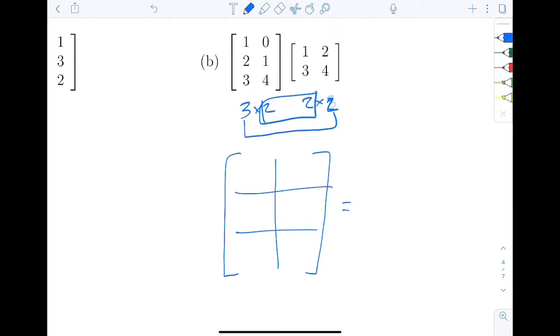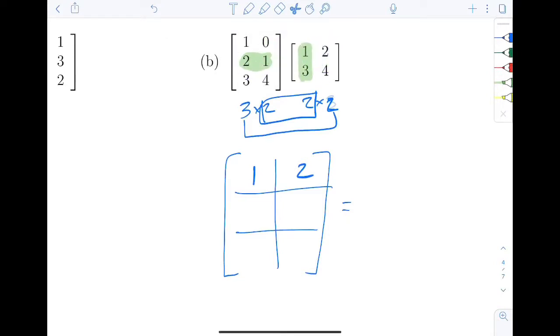Okay, in the first row, first column, that's going to be 1 times 1 plus 0 times 3. We can just go ahead and say that that's 1. In the first row, second column, I have 1 times 2 plus 0 times 4. Well, that's 2. That's pretty straightforward, too. Now, you can just take these and move them along, right?